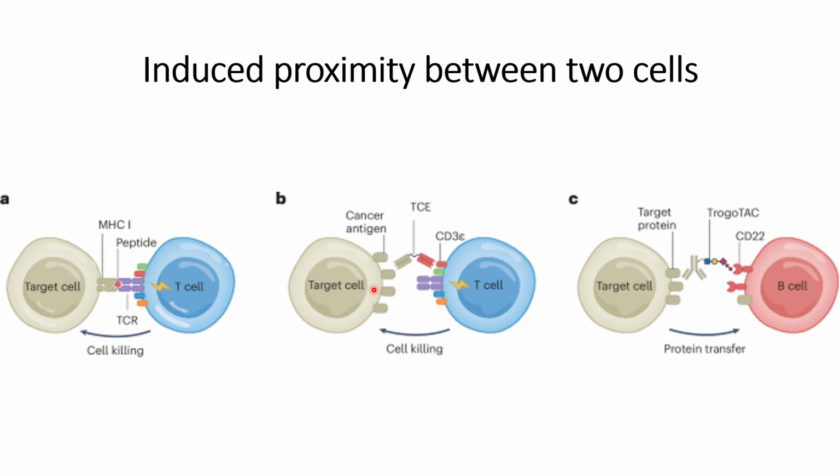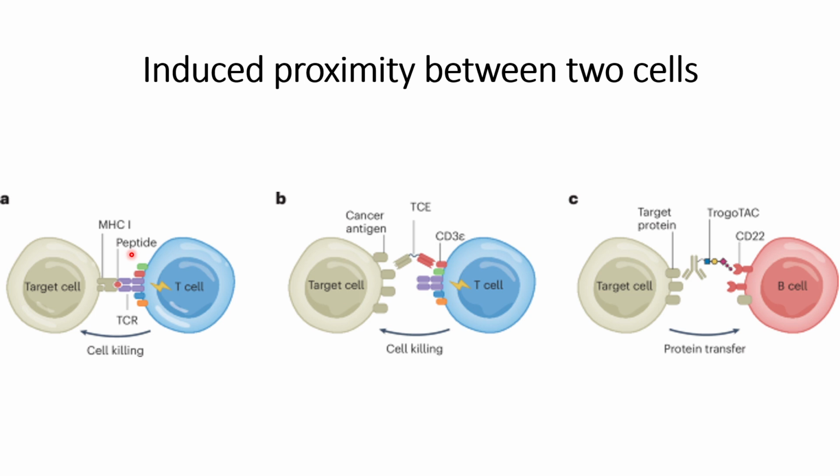When the target cells come close to the T cells, the T cells are able to recognize these tumor cells, and will trigger the immune response that finally leads to the killing of these target cells.